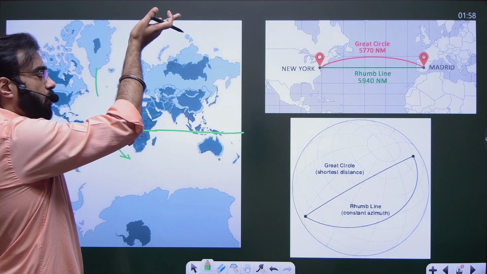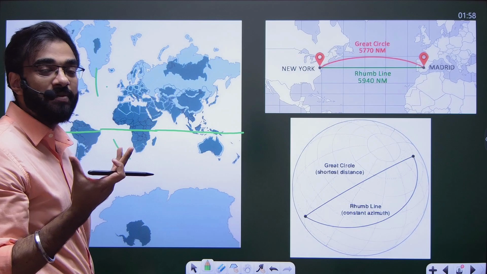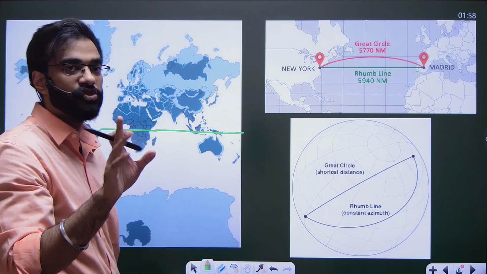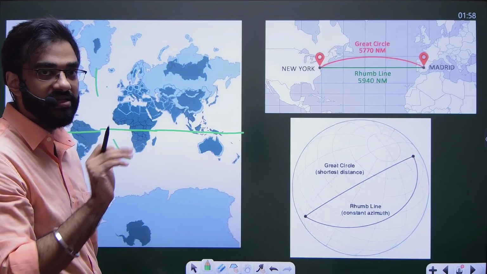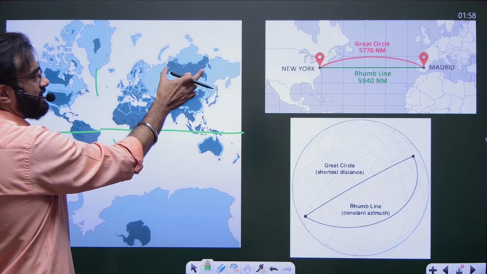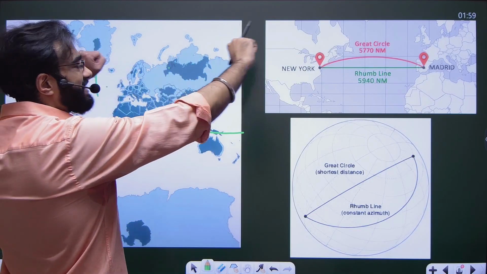As we go north or south of the equator, you can see how the shapes get morphed, and they do not represent the actual size of the countries or continents. Russia is actually this if we observe on a globe, but in Mercator, it extends.